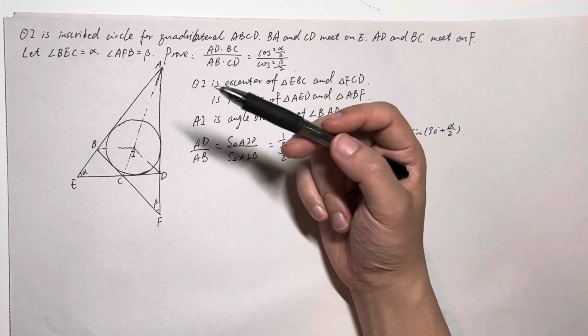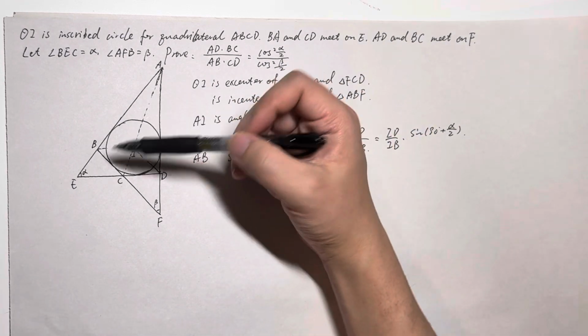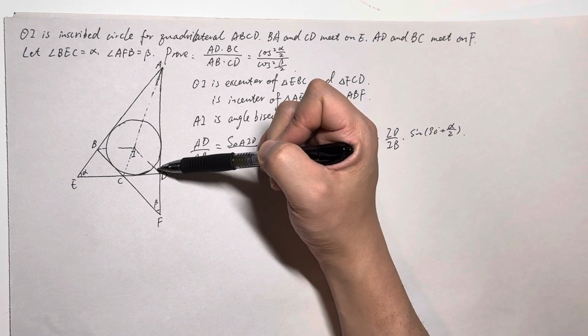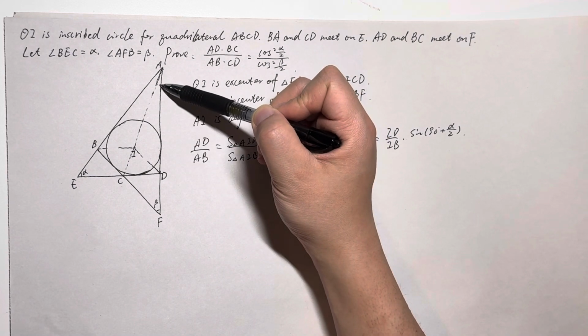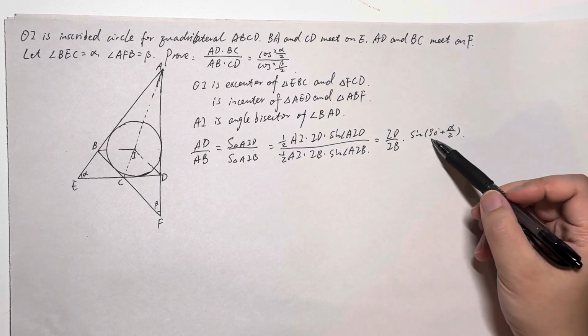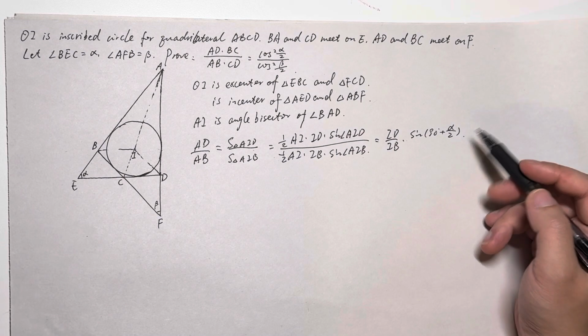It's very easy to prove, because alpha plus this angle is 180 degrees, so this one plus this one is 90 degrees minus half of alpha, right? So this angle equals 90 degrees plus half of alpha.